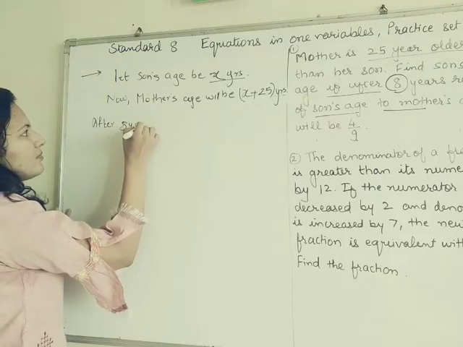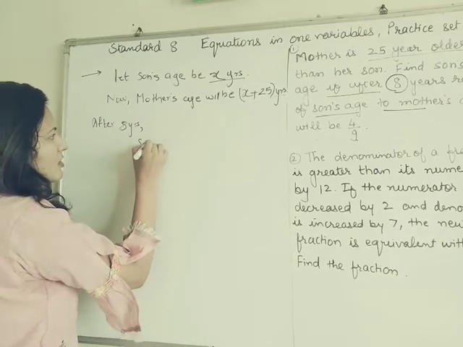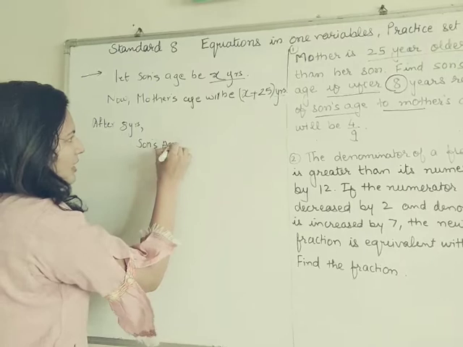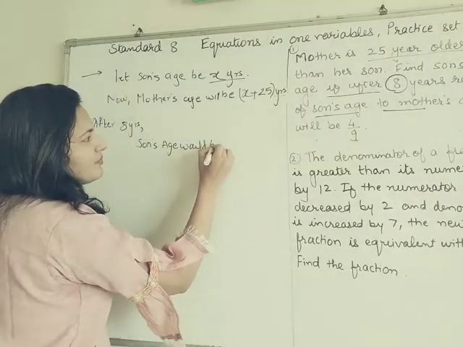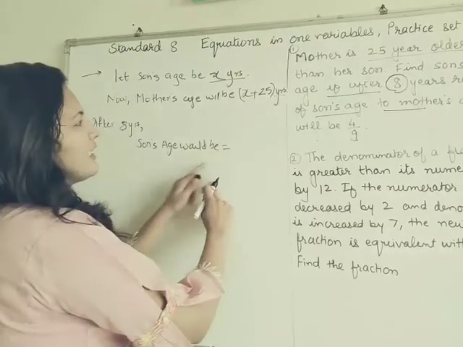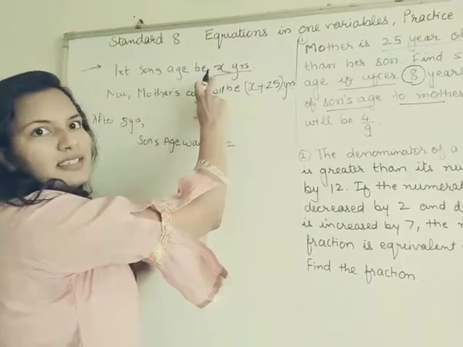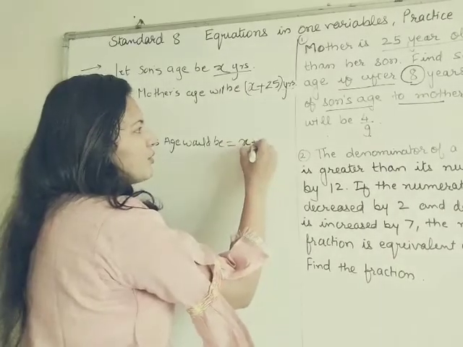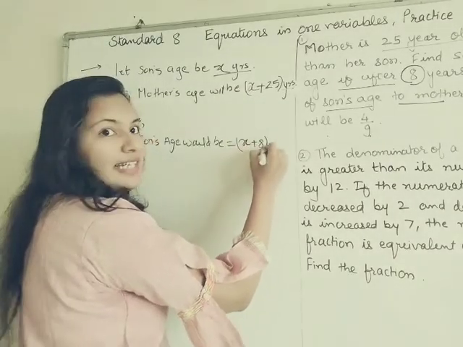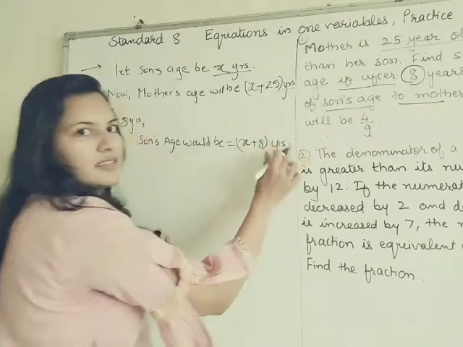Son's age first was X years, this is the present age. So after 8 years, it would be X plus 8 years.